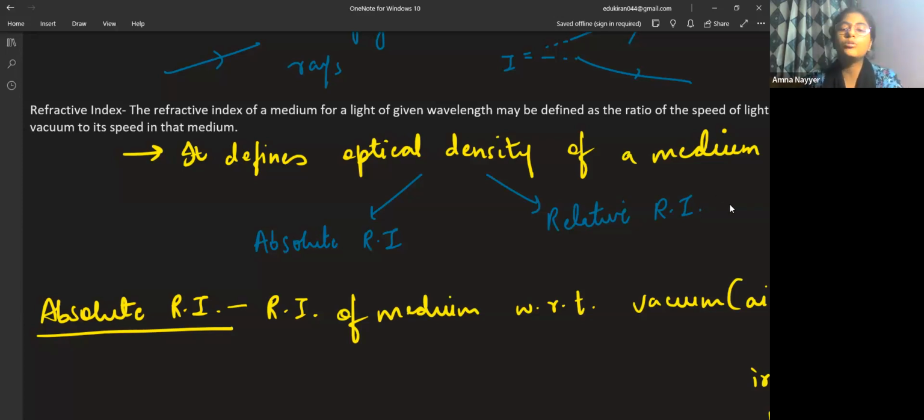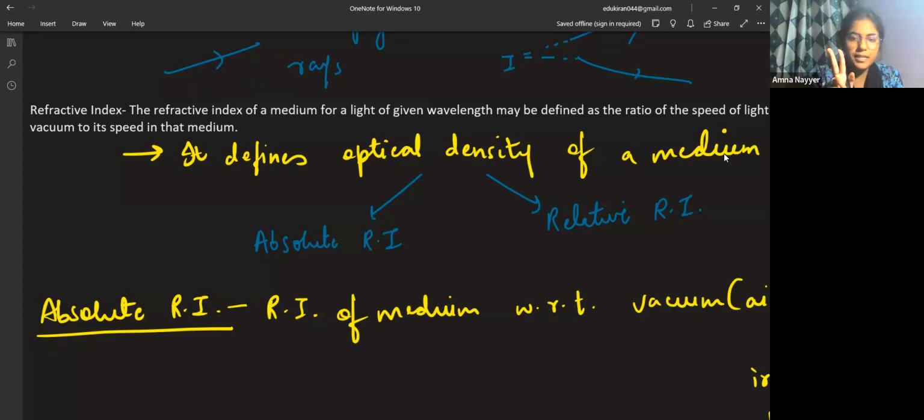Now, when I use the term absolute refractive index, it is basically a ratio of two speeds. Now, this meaning was physical. When I say the meaning mathematically, how do we write it? It's basically the ratio of either speed of two different media or wavelengths of two different media. Means wavelength in medium 1 divided by wavelength in medium 2, or speed in medium 1 by speed in medium 2.